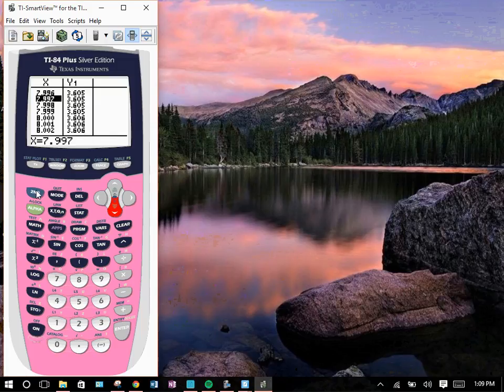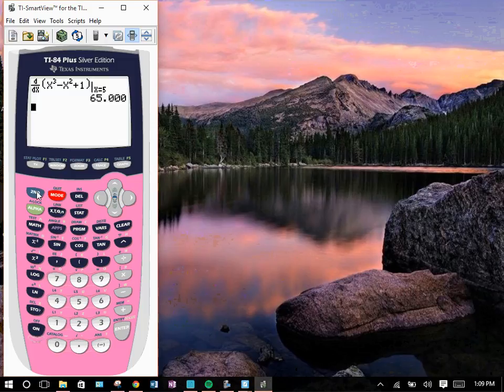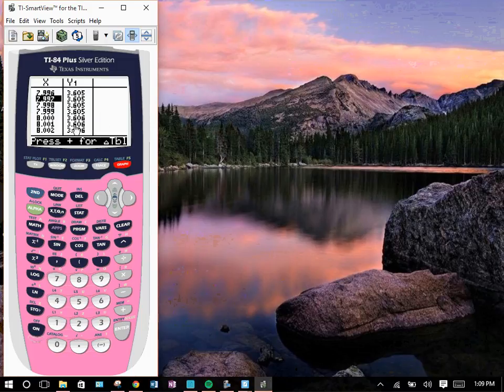Now we said the square root of 13, so let's check what that is. Second, square button, 13 is 3.606. So we go back to our table and we see it's approaching 3.606.